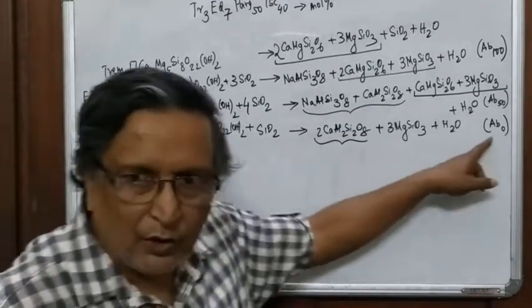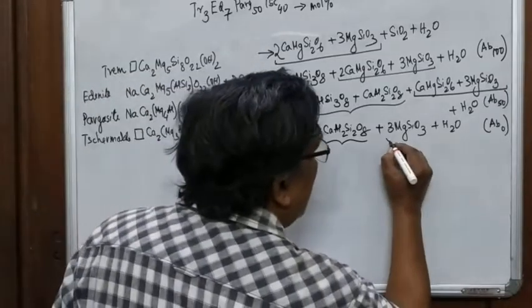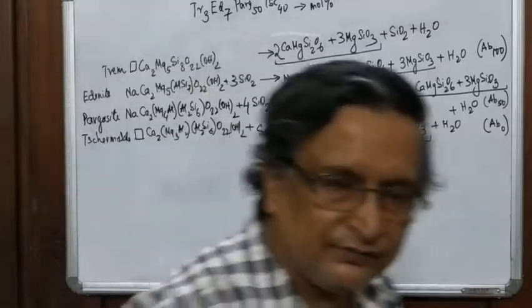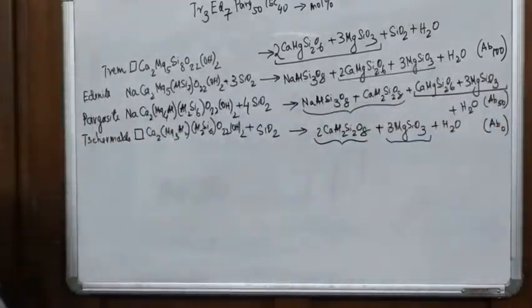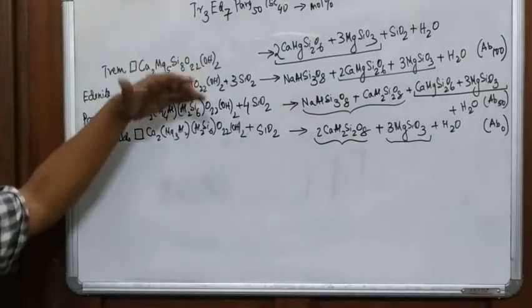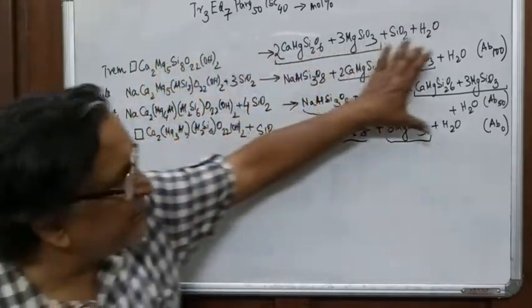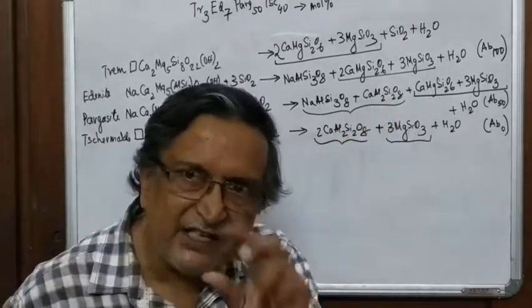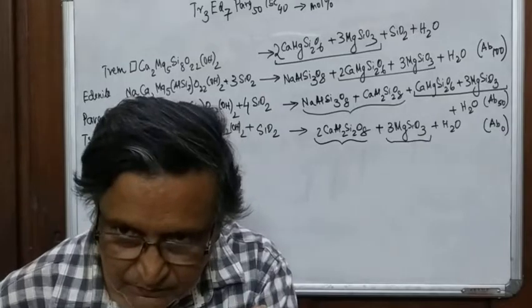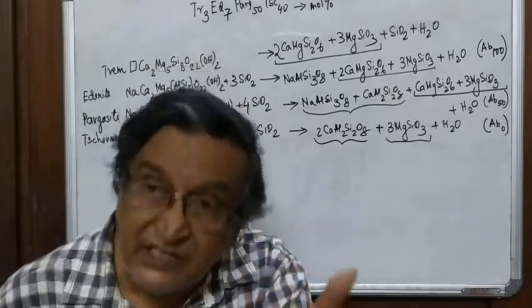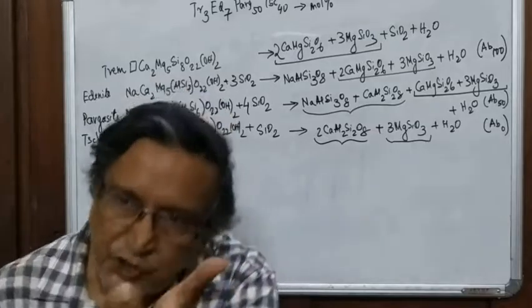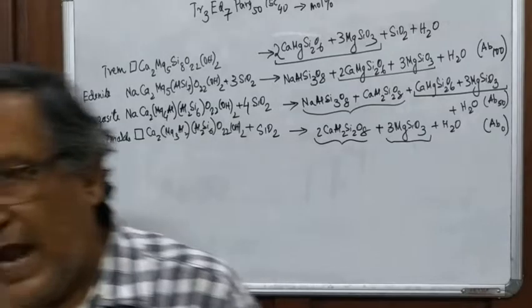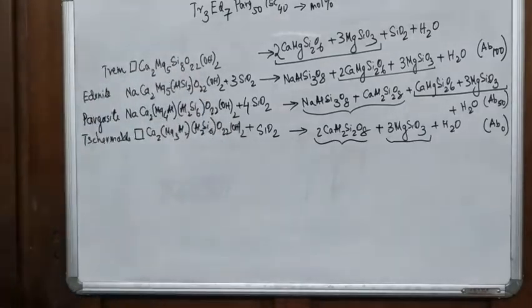So albite is 0, and there is no clinopyroxene. So you can see, depending upon which component is more or less, your reaction products are completely changing, which is in terms of the presence or absence of pyroxenes, their proportion of pyroxenes and the composition of plagioclase. That's what it is.